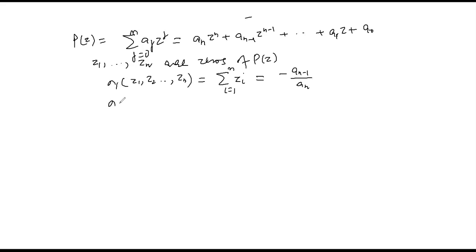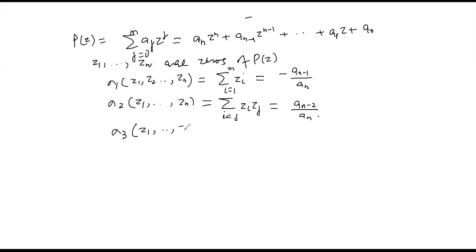And similarly, if I take sigma 2, that is z1 of these n variables, the second elementary polynomial, it is i less than j, zi zj, that's equal to, of course, an minus 2 divided by an, and so on and so forth. You could have sigma 3 of z1, z2, the third elementary symmetric polynomial, i less than j less than k, zi zj zk.